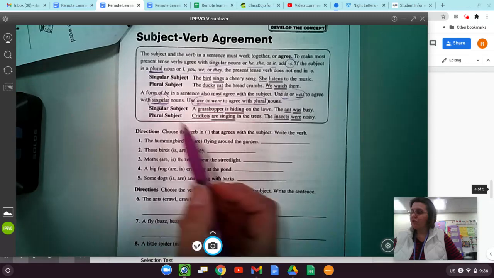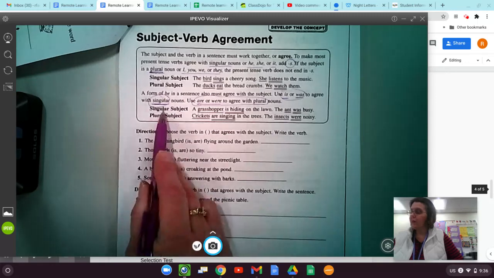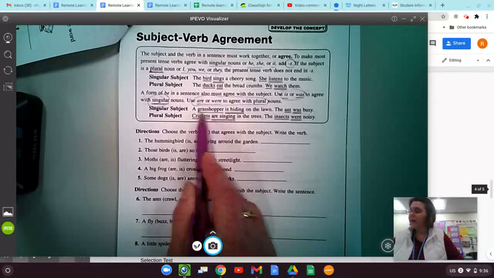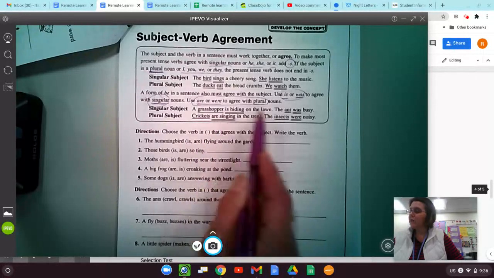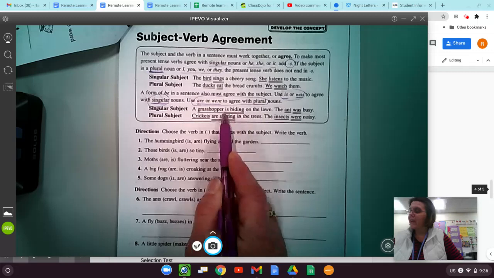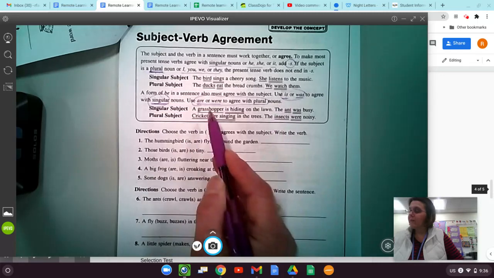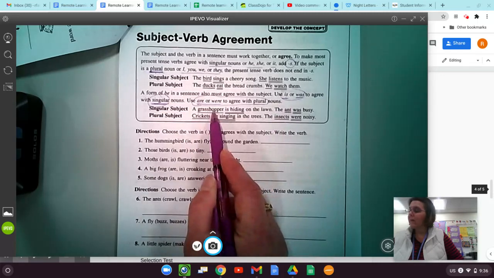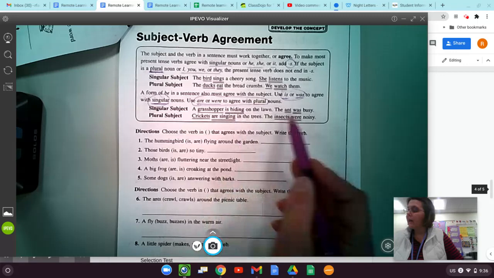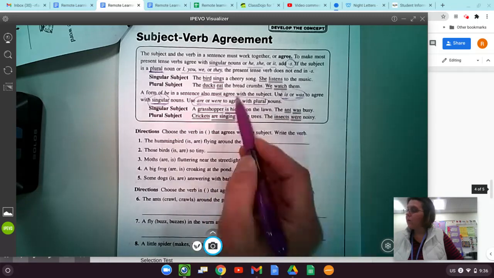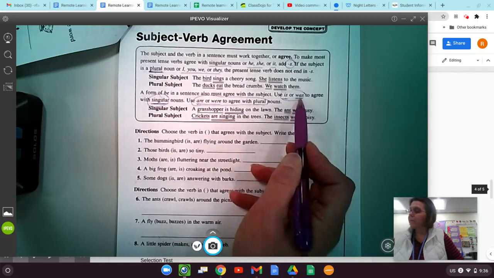Singular subject, single. Grasshopper is single. A grasshopper is hiding on the lawn. So here's this verb phrase, is hiding. Is goes with singular. A grasshopper, singular, is hiding on the lawn. The ant, that's singular, was busy. So is and was go with singular.